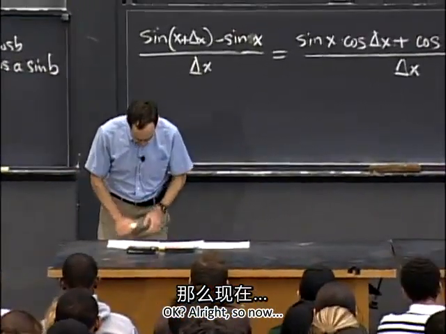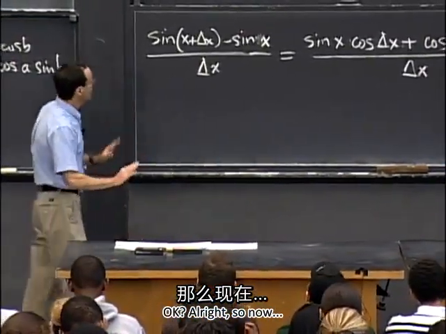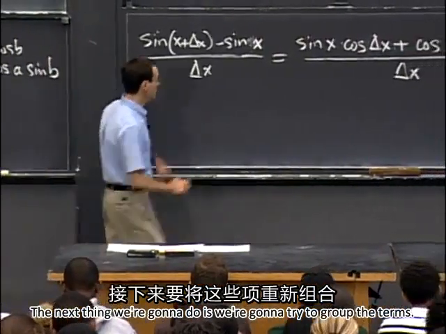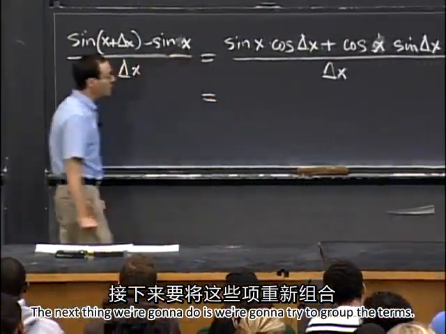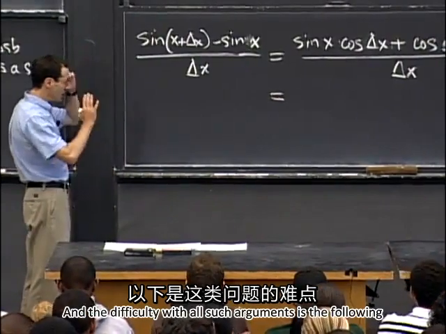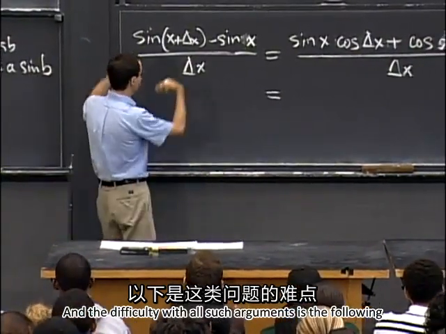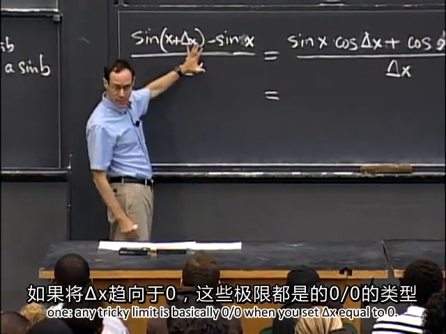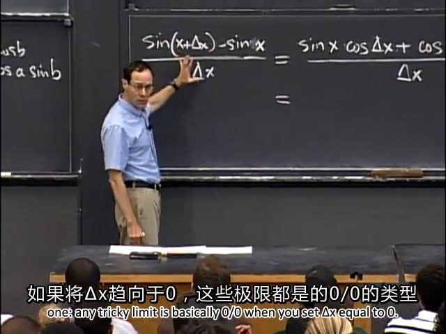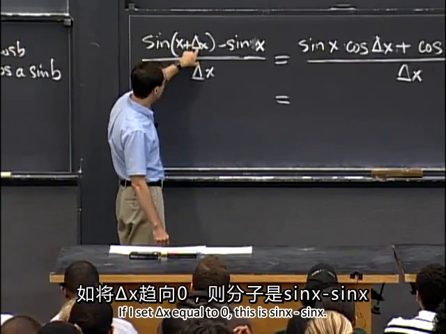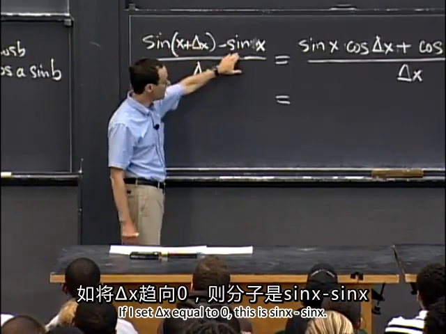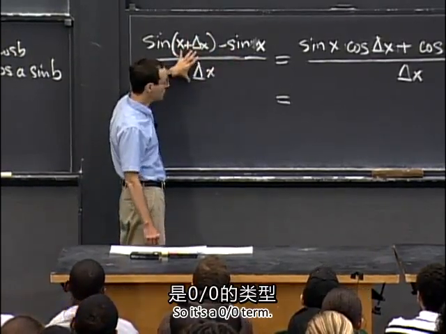All right, so now the next thing we're going to do is try to group the terms. And the difficulty with all such arguments is the following one. Any tricky limit is basically 0 over 0 when you set delta x equal to 0. If I set delta x equal to 0, this is sine x minus sine x, so it's a 0 over 0 term.